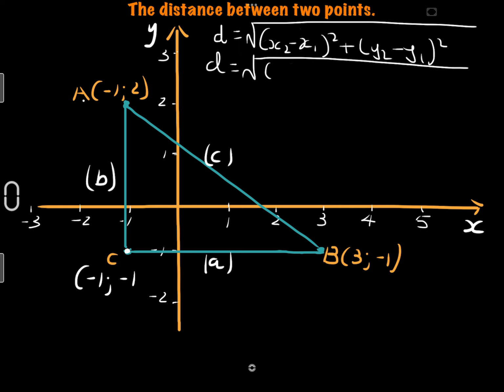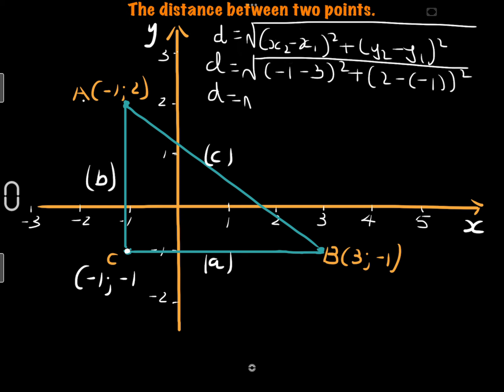For x, we have -1 minus, x at B is 3, so I'm going to write 3 squared, plus open bracket, our y at A is simply 2 minus, and then our y at B is -1, close bracket, and then raised to the second power.